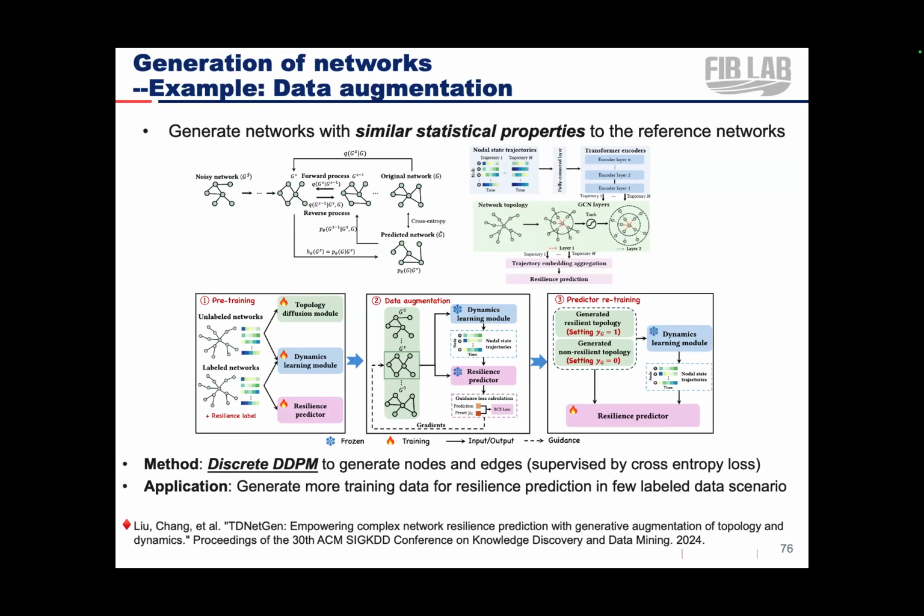And then, we all know that a diffusion-based model has a capability called classifier guidance that can help guide the generated network to have some specific property. So the authors use this classifier guidance to generate a specific kind of network that has the property of resilience.